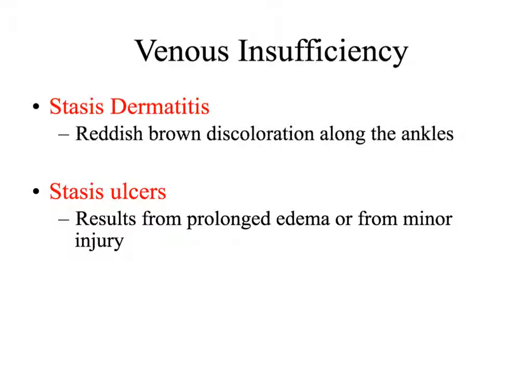For treatment for venous stasis ulcers, non-surgical, typically these patients have to be seen by wound care. There's several types of dressings that can be applied to the ulcers, and they often are difficult to heal.